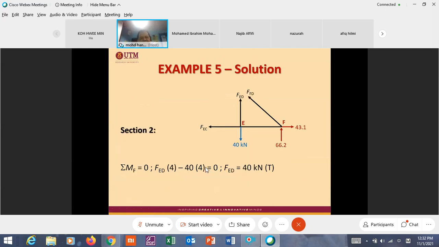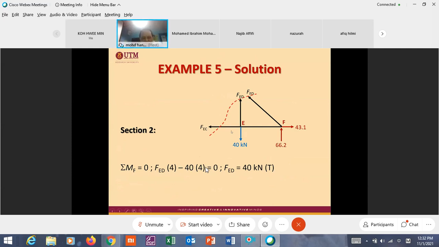Because the question also includes this force, you have to cut another one here. And remember the rule: when you cut, there should be 3 members, not more than 3. 2 may be okay, but not more than 3.